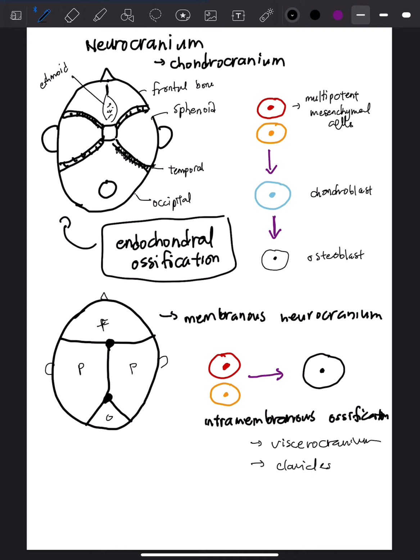These are the only group of bones that will go through intramembranous ossification. The rest of the bones in our body will go through endochondral ossification, where it needs to build the cartilaginous model first with the chondroblast, and only then will it differentiate to osteoblasts.